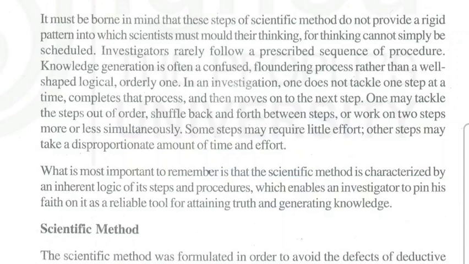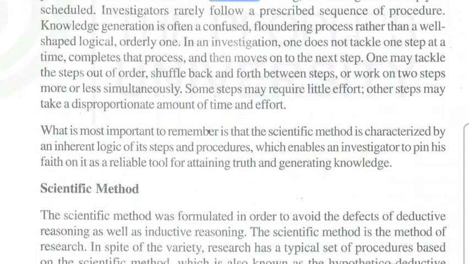In an investigation, one does not tackle one step at a time, complete that process, and then move on to the next step. One may tackle the steps out of order, shuffle back and forth between steps, or work on two steps more or less simultaneously. Some steps may require little effort. Other steps may take a disproportionate amount of time and effort.